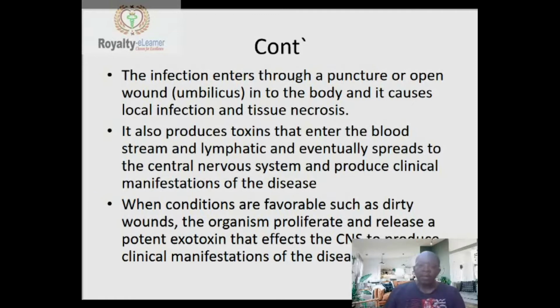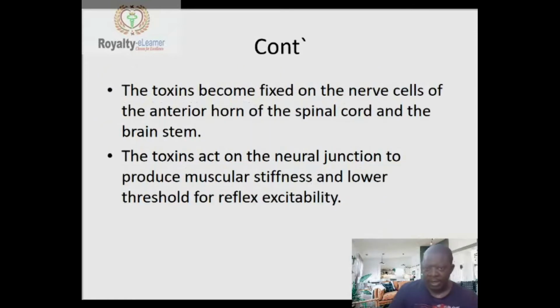What has to be borne in mind here is that it's the neurotoxins that gain access to the blood and the lymphatics, causing systemic signs and symptoms. When the conditions are favorable, such as dirty wounds, the organism will proliferate and release a potent exotoxin that affects the CNS to produce clinical manifestation of the disease.